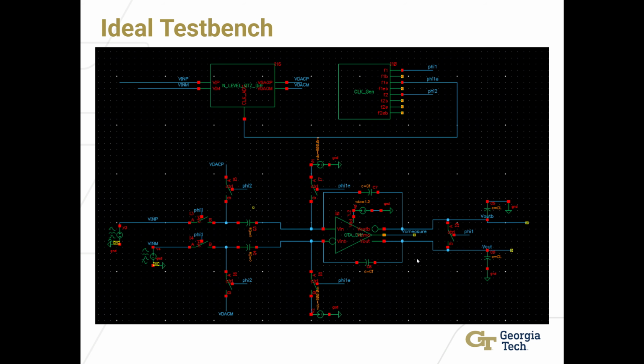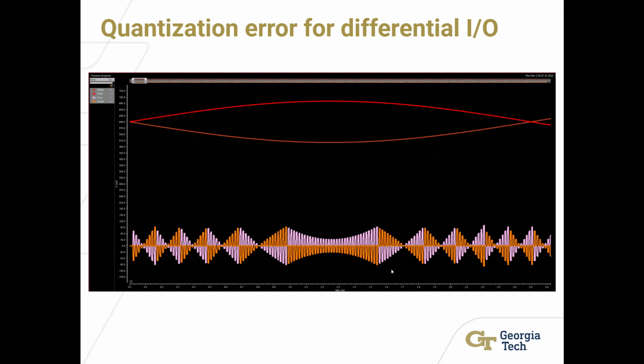So then we set up the ideal test bench with the ideal OTA, and we plugged in our capacitor values that we just calculated, as well as our GM into the OTA. We picked a GM over ID to be 15, and then ran a transient simulation just to see what the output would be.